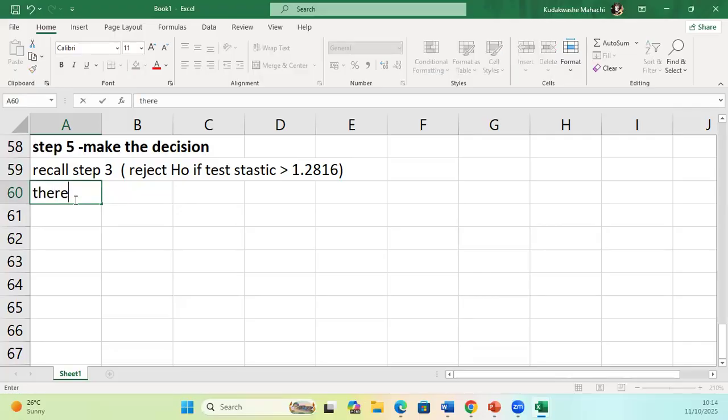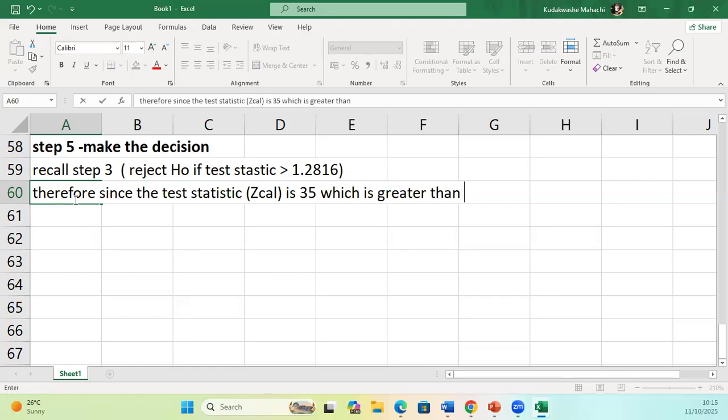So therefore, since the test statistic Z cal is 35, which is greater than 1.28, we reject H naught.